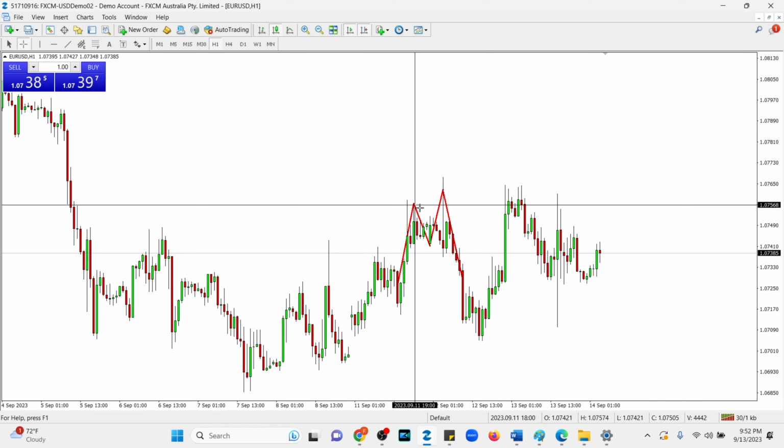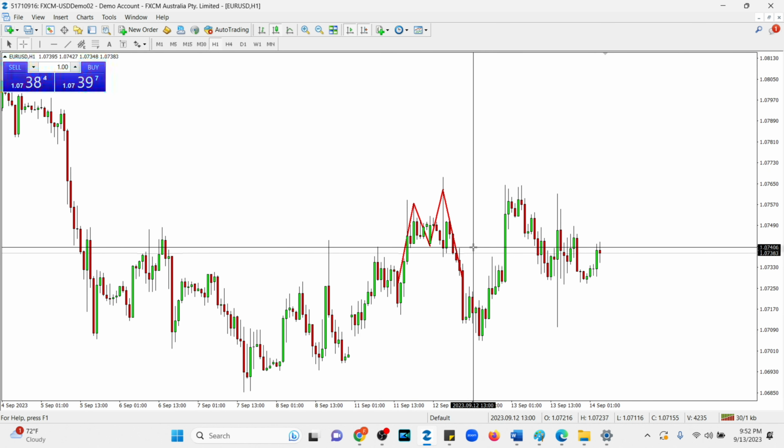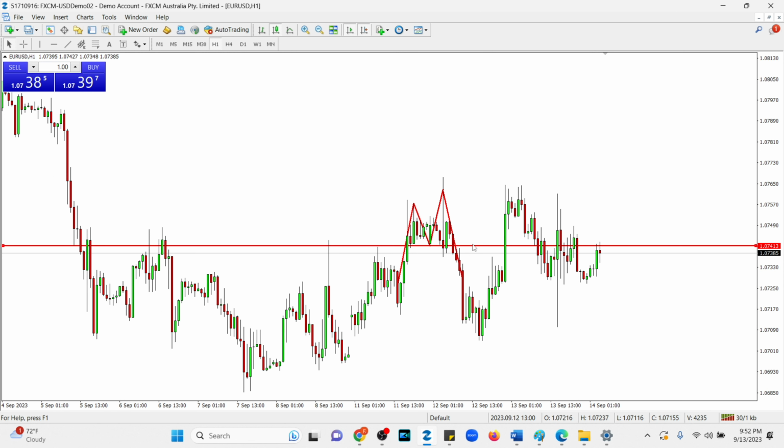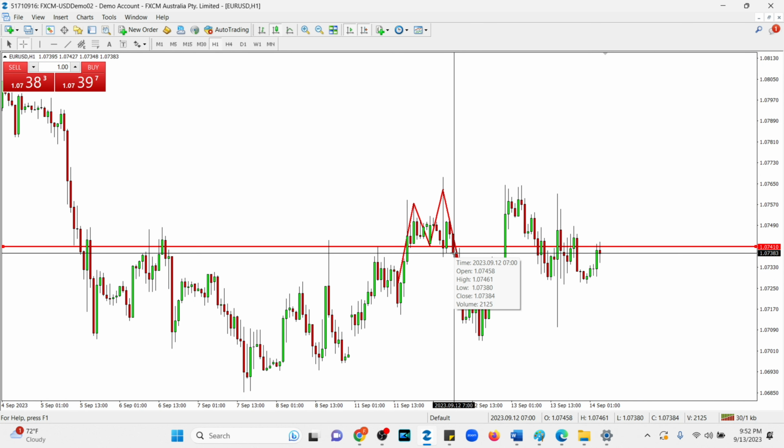If you're going to enter this trade at the break of the candle, then once the candle has broken and closed below the neckline, you would always enter the trade at this point.